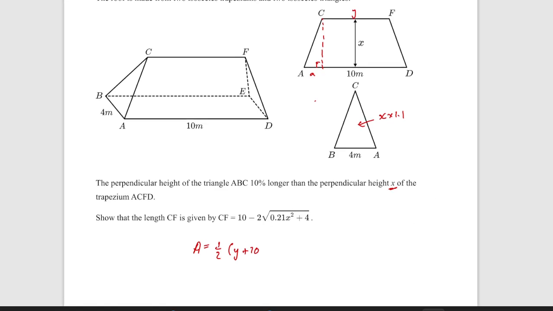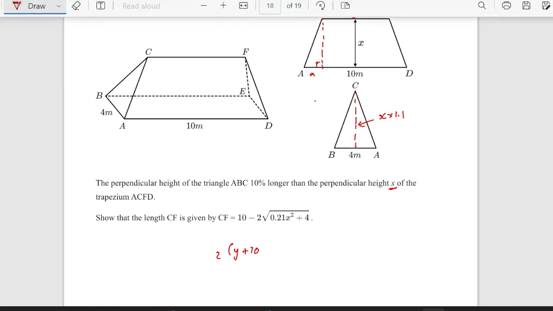So if we start with this one, and I want to work out the length AC, that's going to be the hypotenuse. So AC squared is going to equal 1.1 x squared plus half of that, which would be 2 squared. So that's going to be equal to 1.21 x squared plus 4.